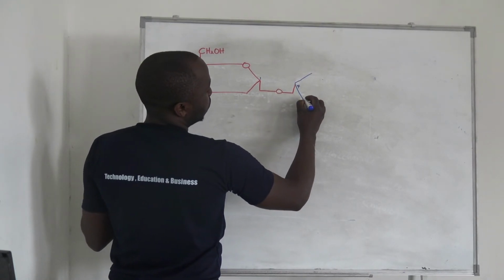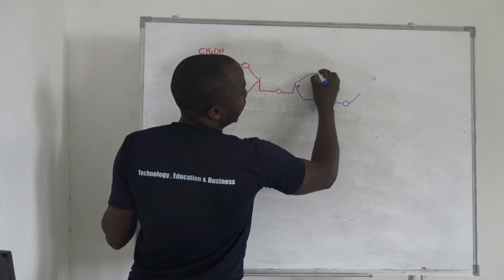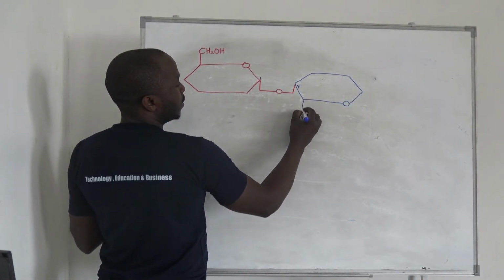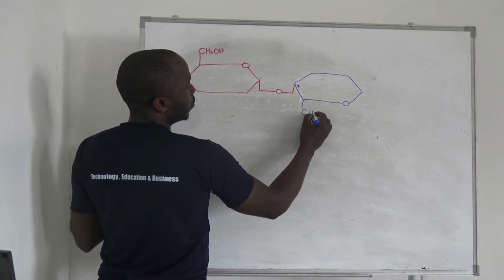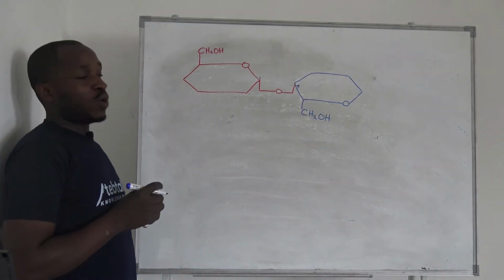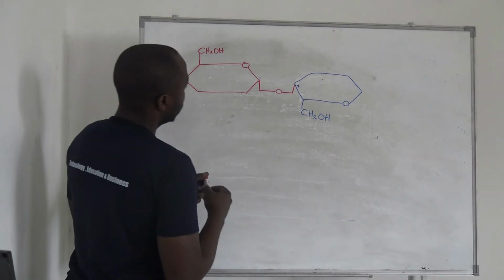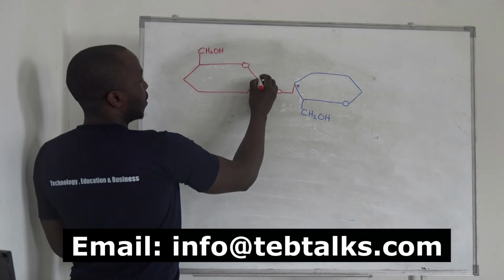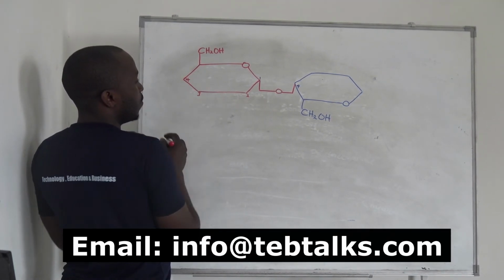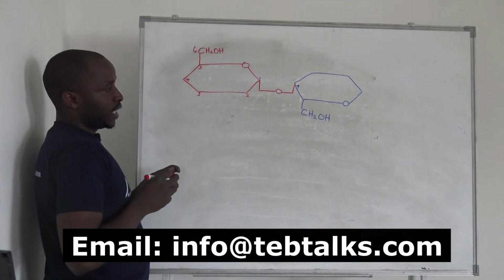So I want to remove it and use the cyclic way. So this time, this is inverted, such that our CH2OH is facing downwards. So meaning, this was carbon atom number 1, 2, 3, 4, 5, 6.